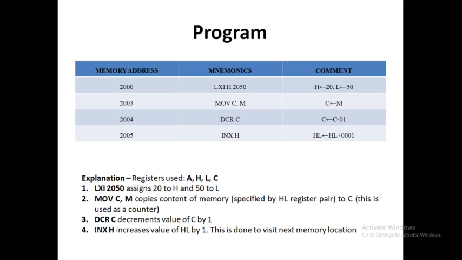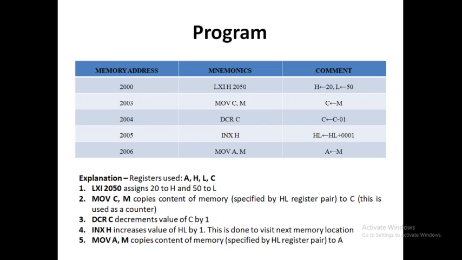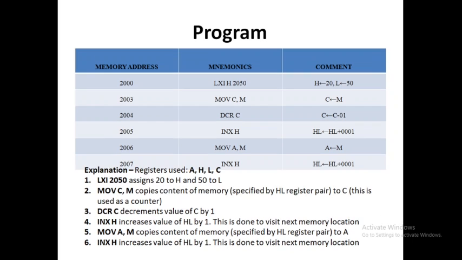This digit at memory location M we first move to the accumulator, to compare with another digit. So it is now moved from M to A.